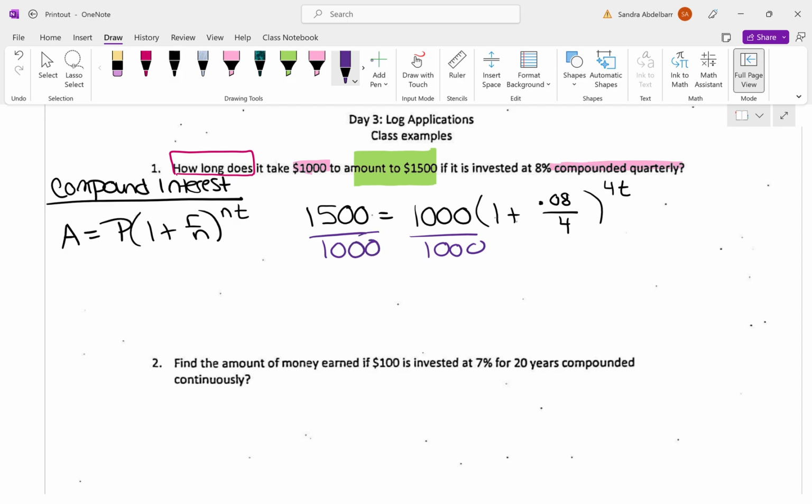When I divide by 1,000, I am left with 1.5 equals. Now, if you wanted to simplify this, could you? Could you just put that into your calculator? Yeah, you could. I'm going to choose to just leave it like this.